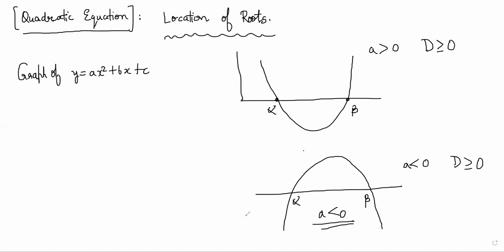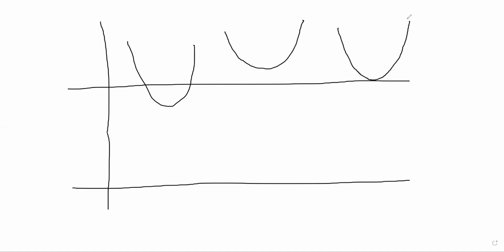So basically, there are 6 cases for the graph. So let me just show you all of them. So if you have a y and x axis like this, and I'll draw another one like this, and let's draw the 6 cases. So this case is when a is greater than 0, and this is when d is greater than 0.